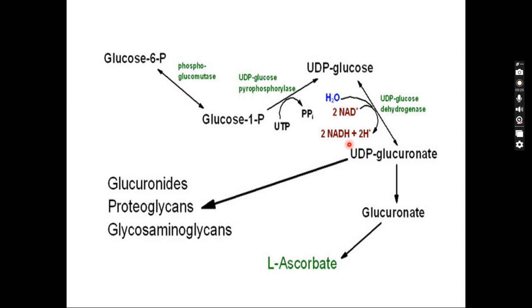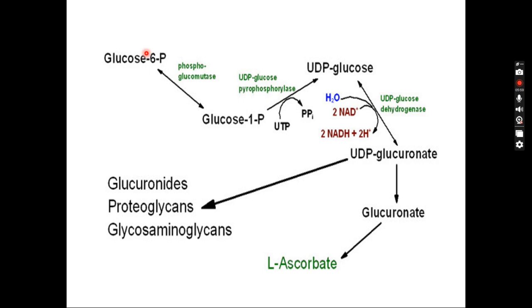So this pathway usually comes from glucose 6-phosphate. We remember our glucose 6-phosphate from glycogenesis and also glycolysis. This is where our uronic acid pathway also starts from.